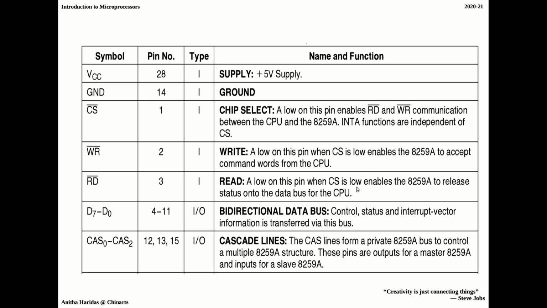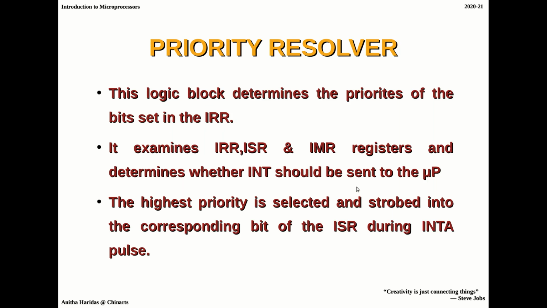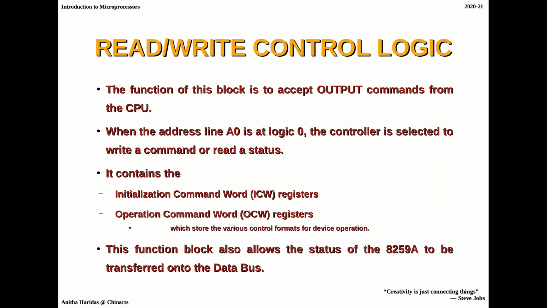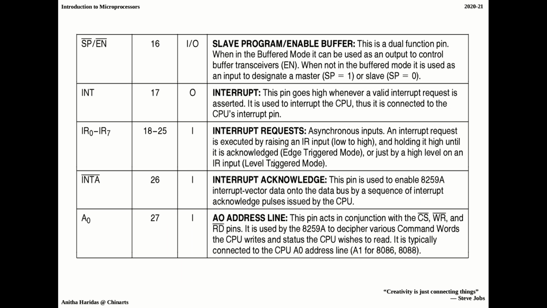Okay, so these are the different pins we have in the 8259A. We have seen that when the address line A0 is at logic 0, the controller will be selected to write a command or read a status, right? That is what is said here. This pin will be acting with the chip select line.